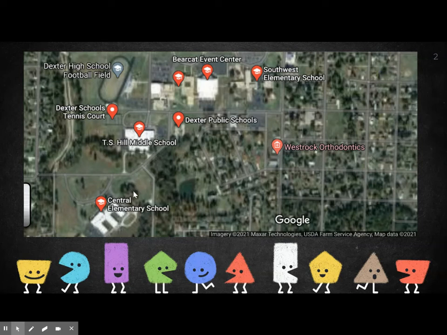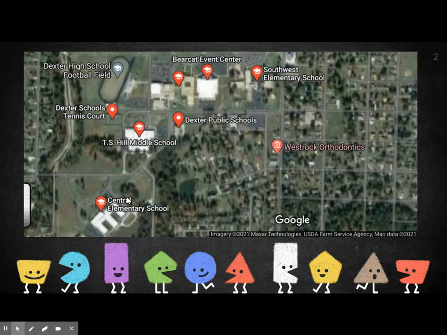Mr. Cruz, he could care less. He said, do whatever you want to do. All right, but so they're trying to find a location where the Southwest students, the high school students, and the Central students all walk the same distance to the storm shelter. Like it's pretty much right in the center of the three schools. It would be the same distance from the storm shelter to all three schools.